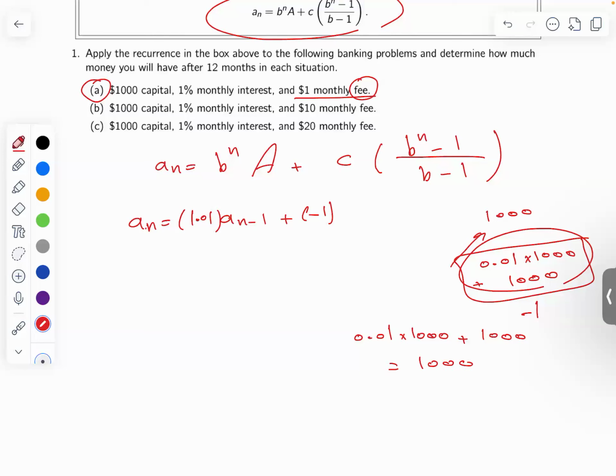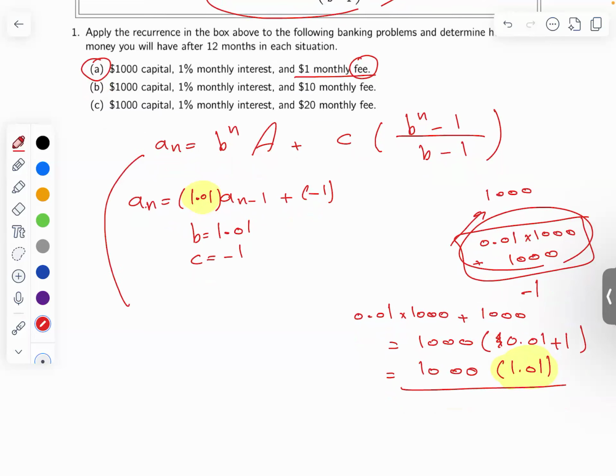If you factorize 1000, it will be 0.01 plus 1, 1.01. That's why this is B, it comes from here. So now B is 1.01, C is -1, unfortunately. So we will apply this formula.